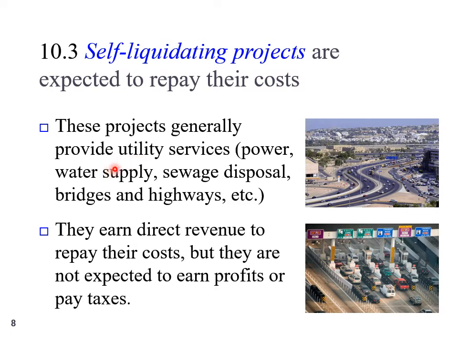There are several public projects which can repay their own costs, and these projects are called self-liquidating projects. In these projects, it can be, for example, power supply, water supply, sewage disposal.